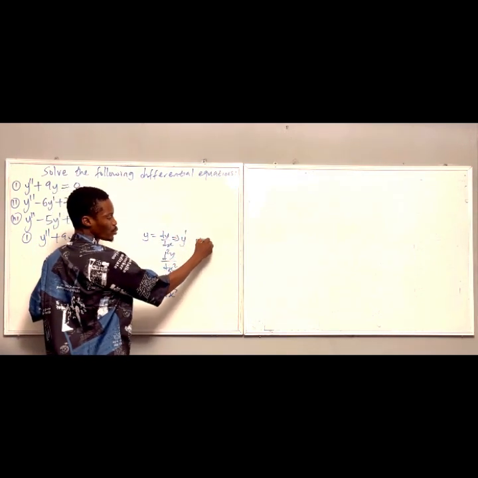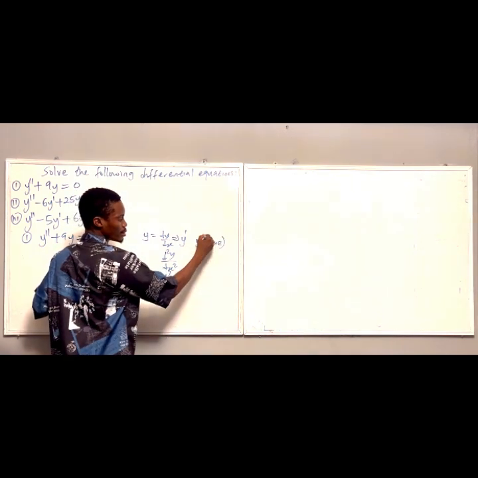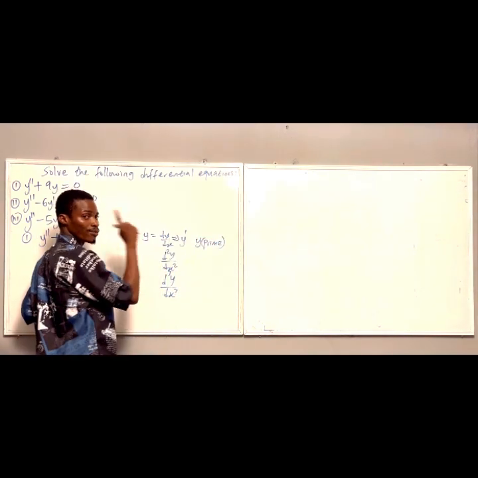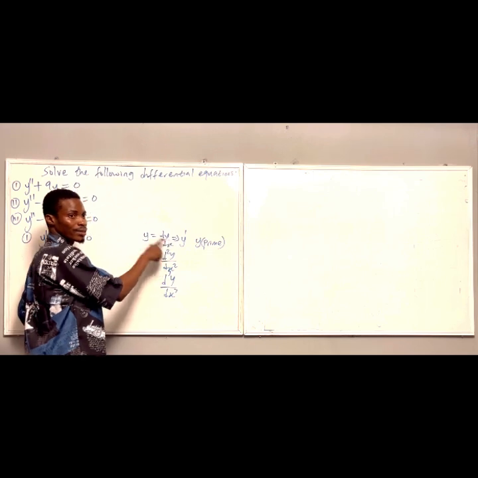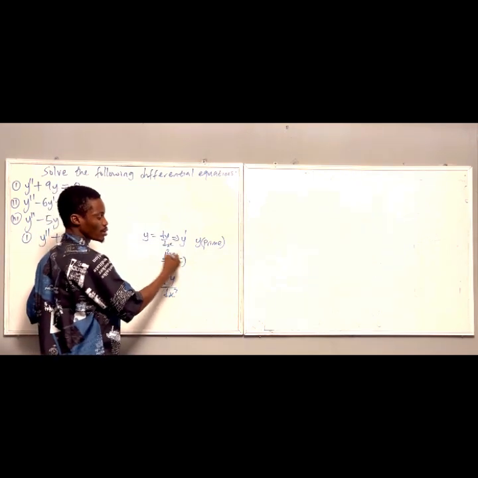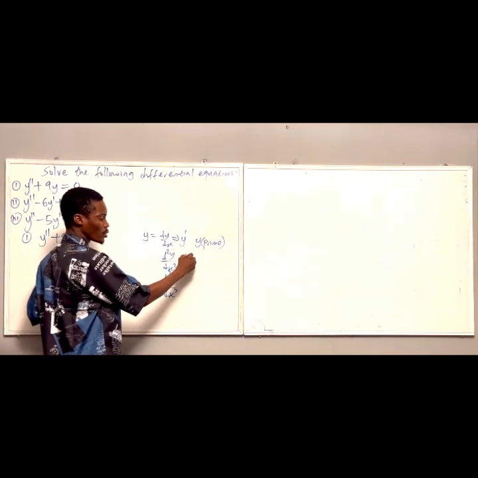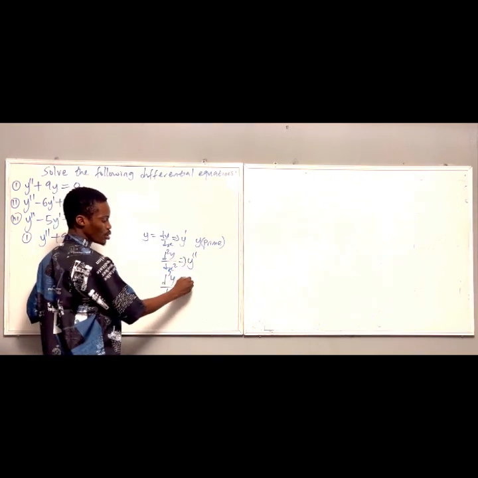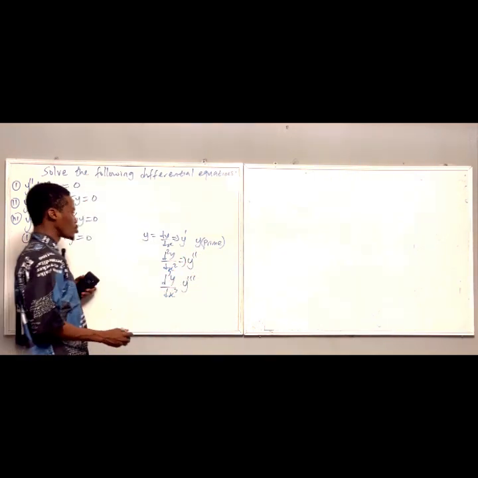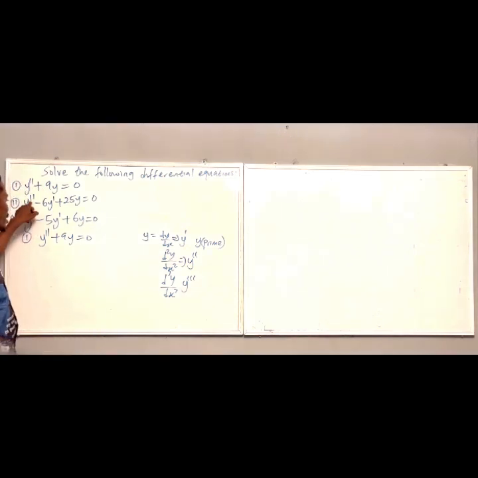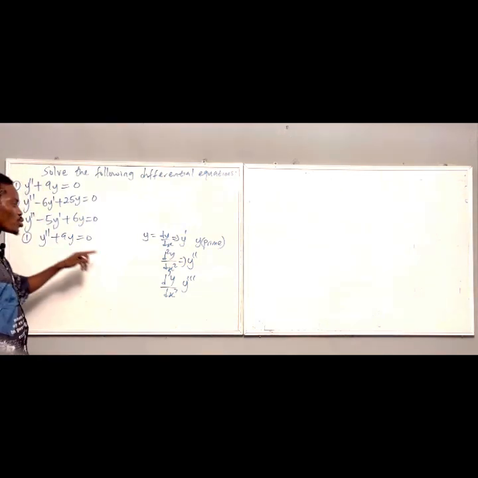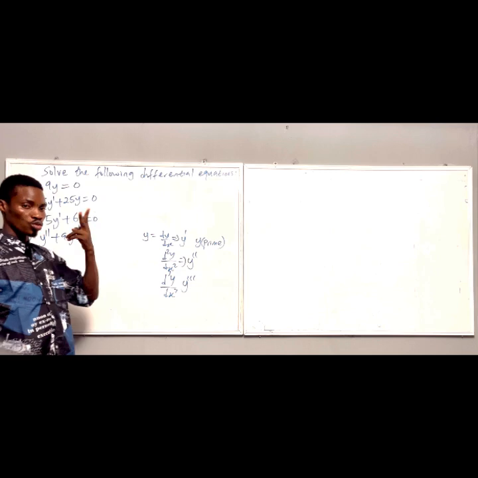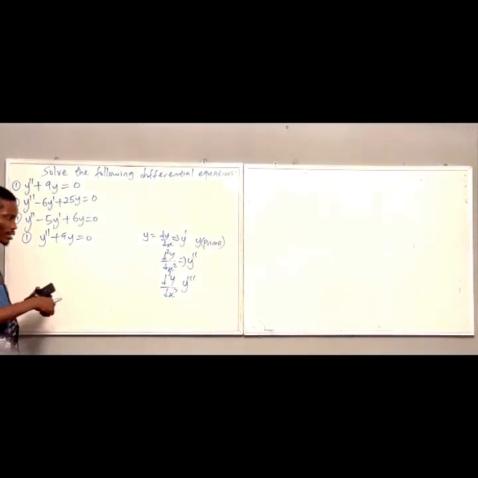This is the second derivative, or second order, y'', because I differentiate it twice. And this is y'''. So if I have y'', it means I differentiate it twice. So let us now consider that.